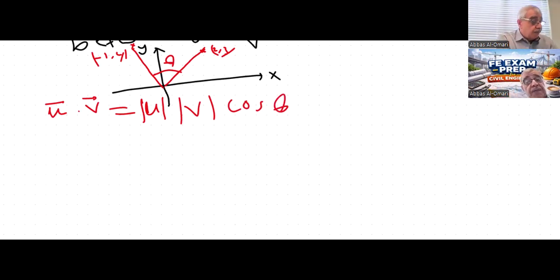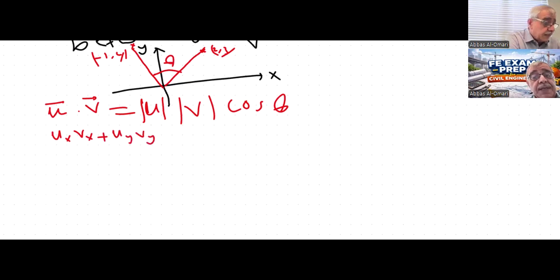And also we have the dot product u dot v equals ux vx plus uy vy.